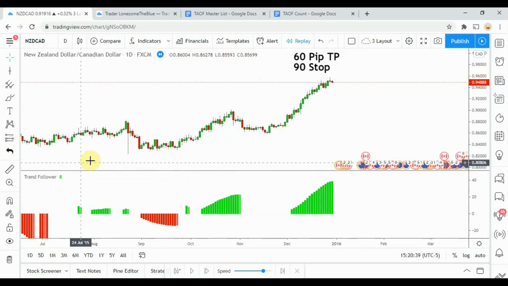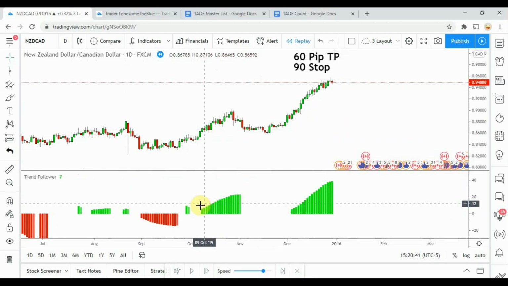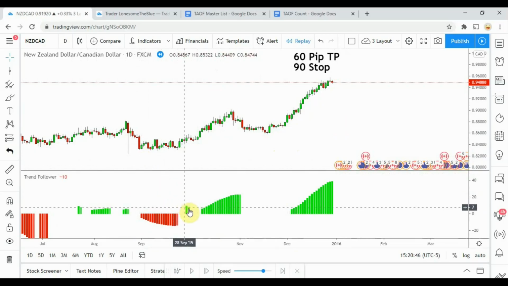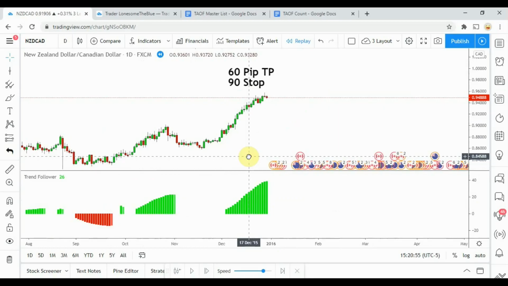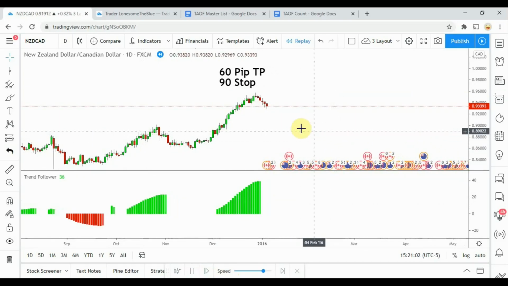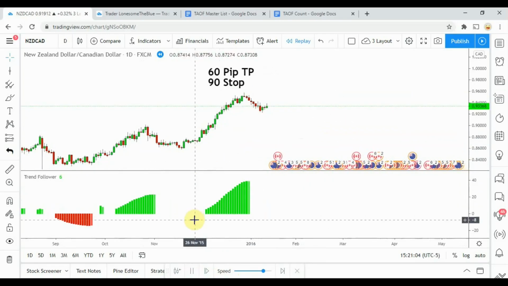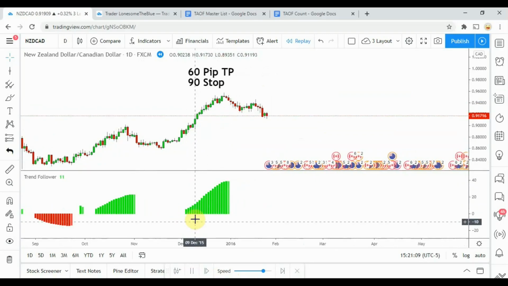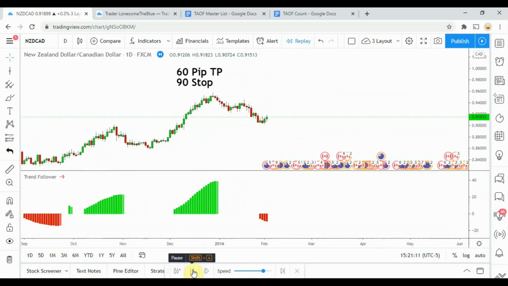So now we're left with the most vibrant colors and the next step down from there, and we are looking for a spike in the bars. When we get a green spike, we'll go long. When we get a red spike, we'll go short. So pretty simple, not a whole lot to actually trading it. A little bit to explaining it, and a little bit to setting it up in this particular fashion.